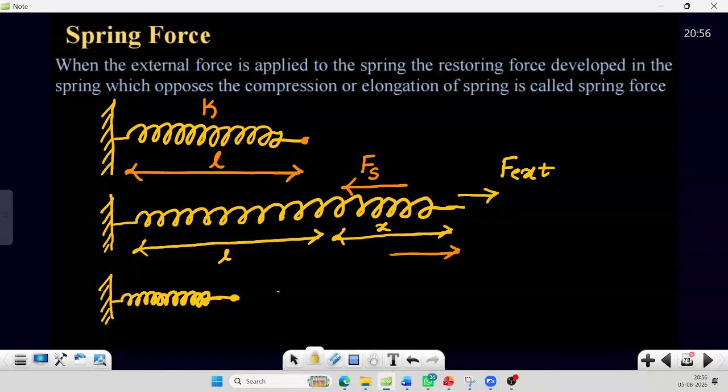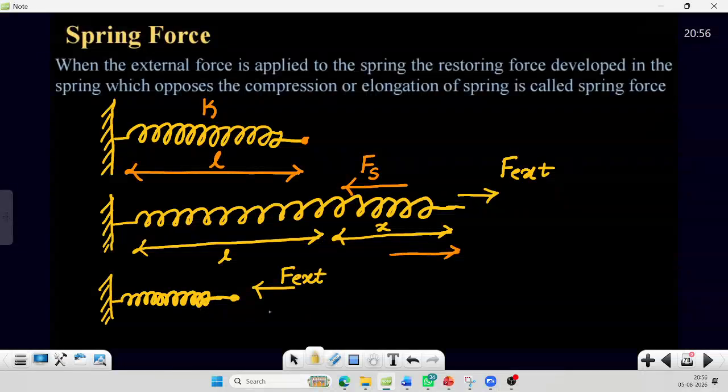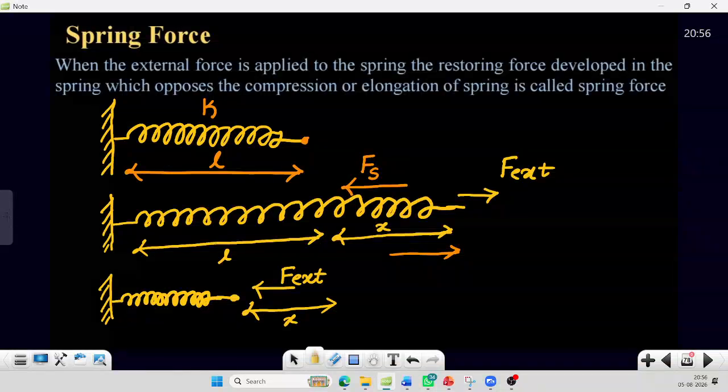In this case we apply the force on the spring in this direction. This is the external force we applied. The spring gets compressed by this much distance. This is the compression of the spring.